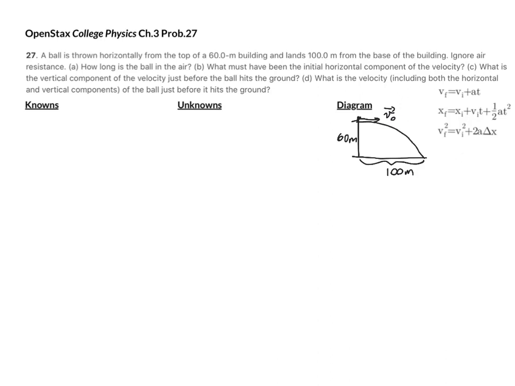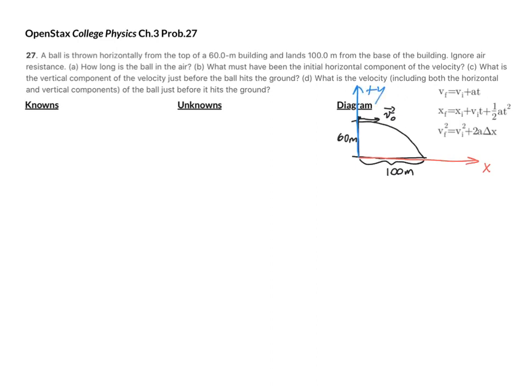Now what we want to do is choose our x and y coordinate system so that we can be consistent and we know what the different values that we were given, the 60 meters and 100 meters, are, in what direction and all that. So I'm going to say that this is my positive x, and this is my positive y.